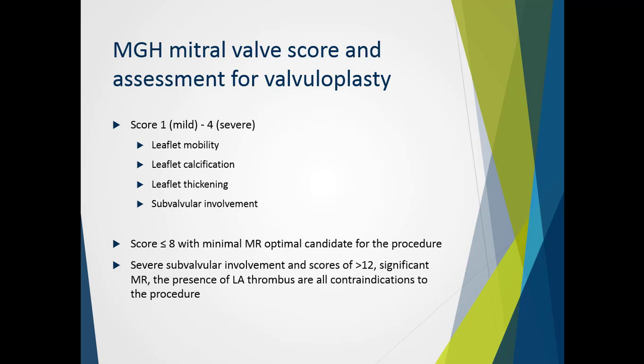If we get a score of less than or equal to 8, then it indicates that the patient is optimal for proceeding with this procedure. However, if we have severe subvalvular involvement and scores greater than 12, significant mitral regurgitation, or the presence of a left atrial thrombus, then these are all indications for not proceeding with this.